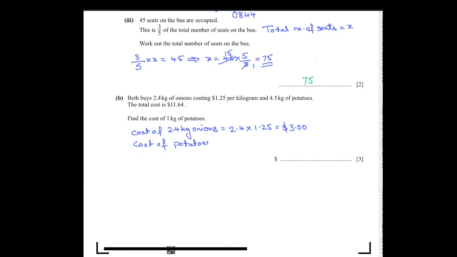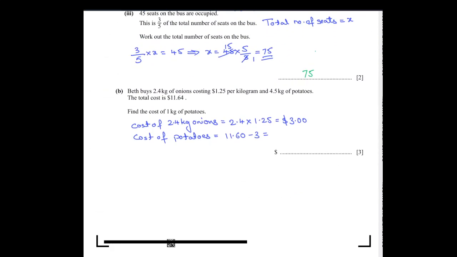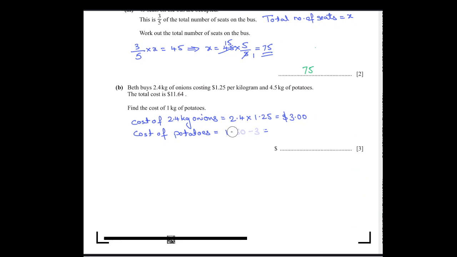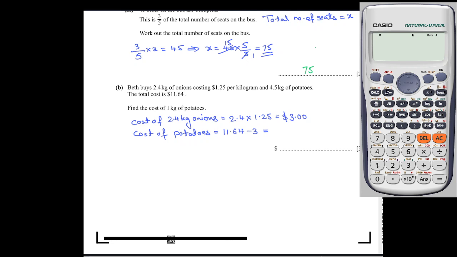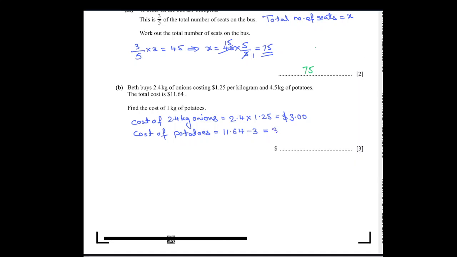Cost of potatoes will be 11.64 minus $3. 11.64 minus $3 is equal to 8.64.